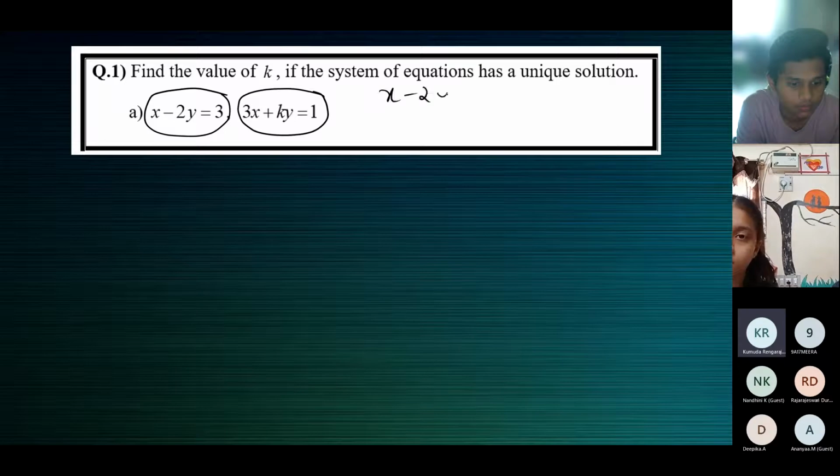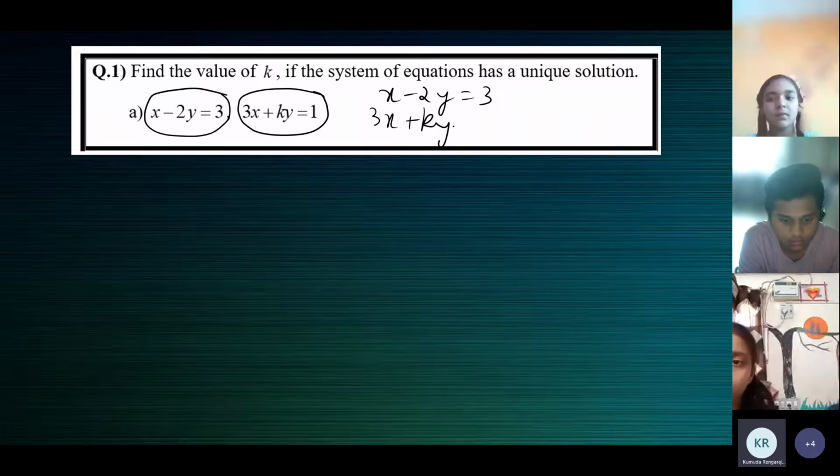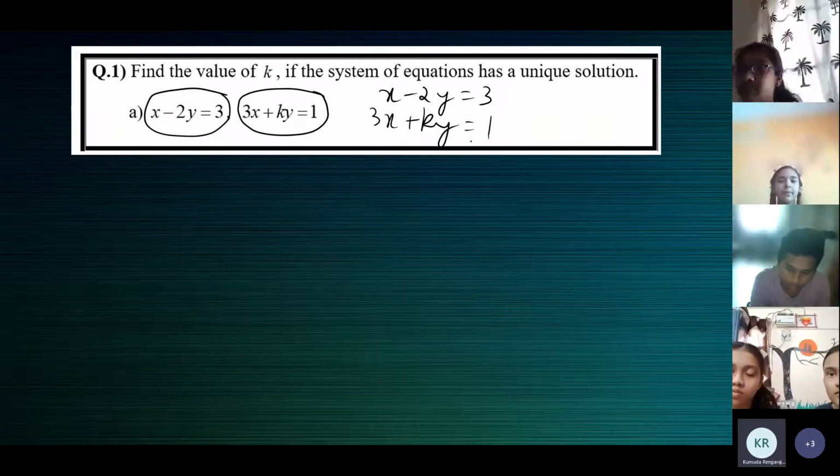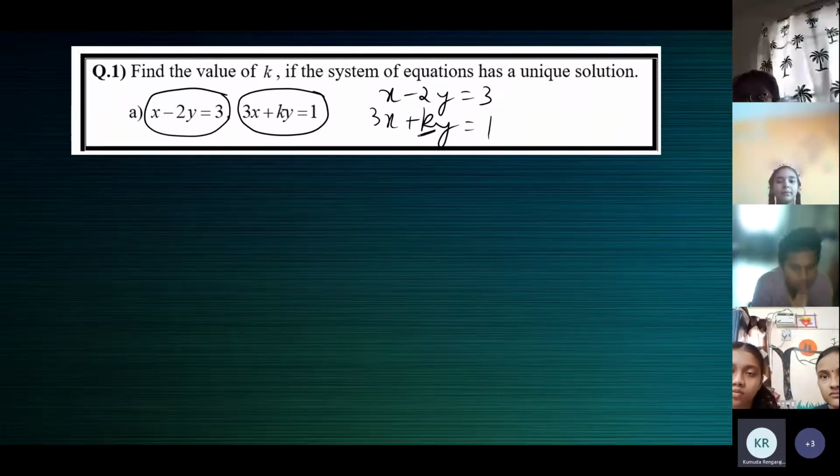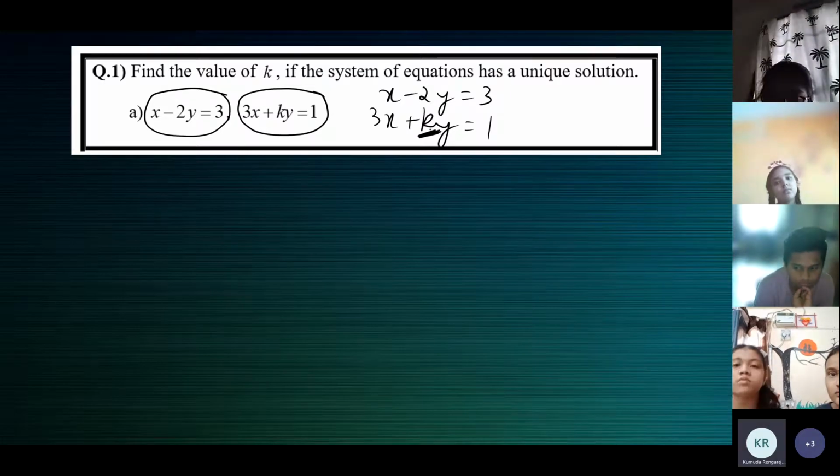You can see here k. So you have to find the value of k so that this system of equations has a unique solution.